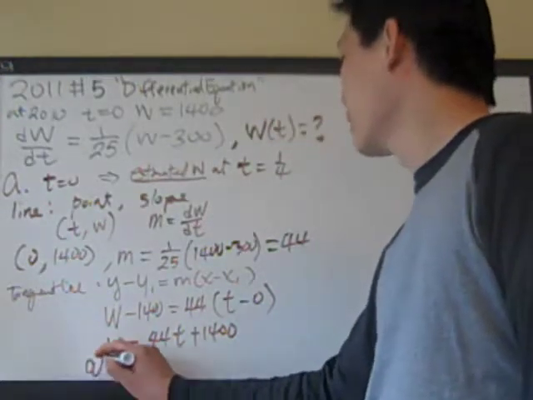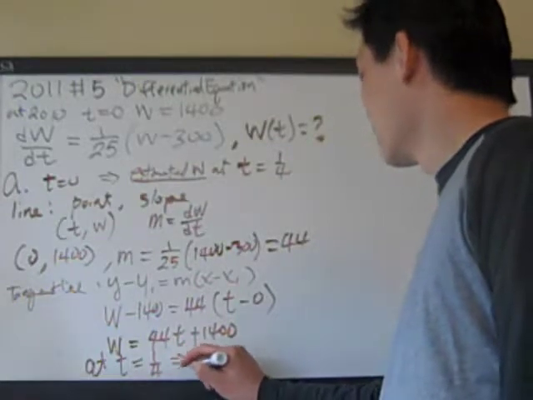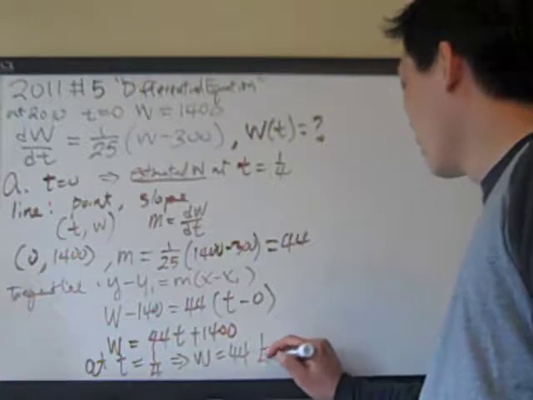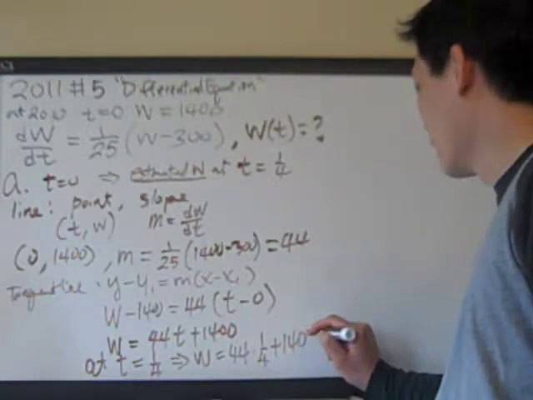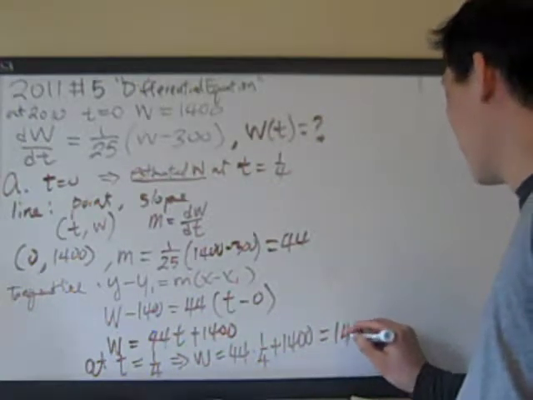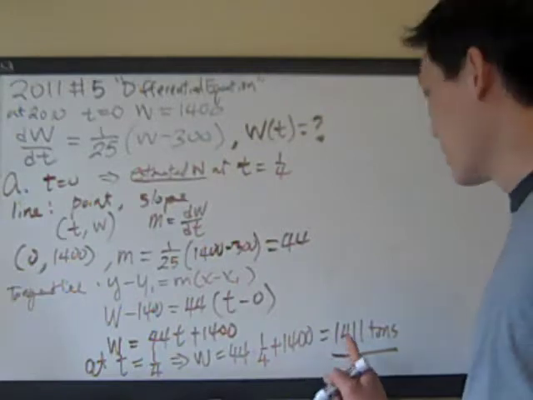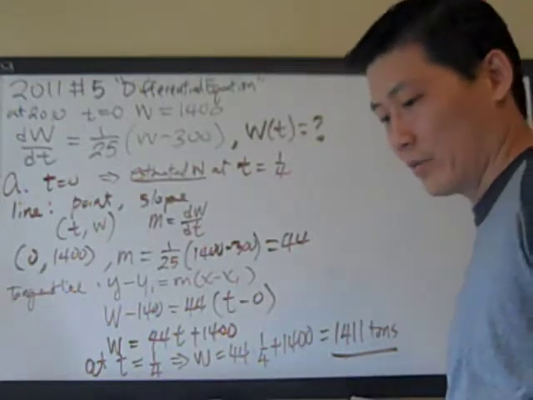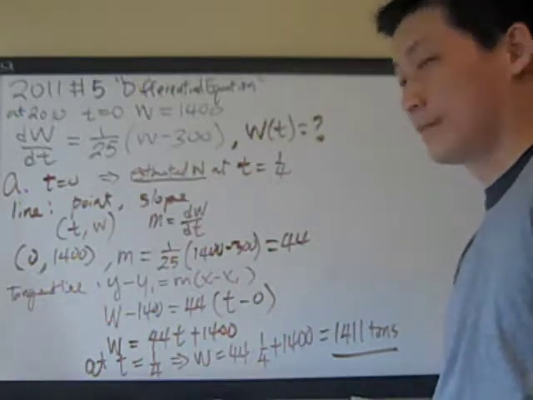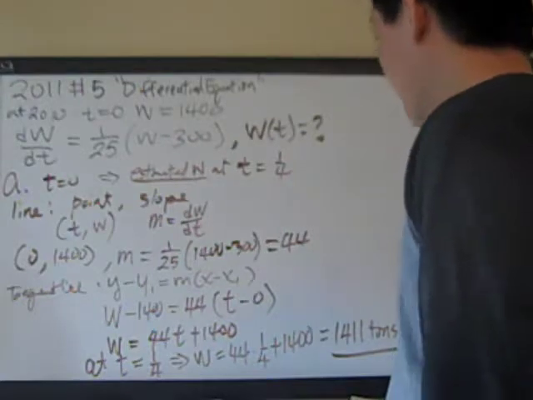So at t equal to 1/4, W is equal to 44 times 1/4 plus 1,400, and our answer is 1,411 tons. This is the estimated value, 1,411 tons. Okay?